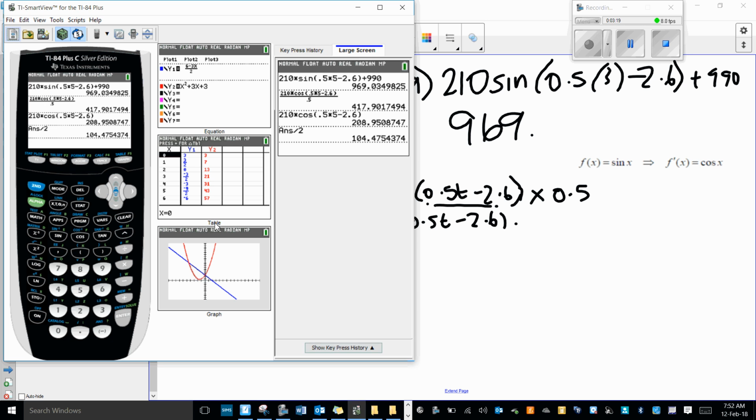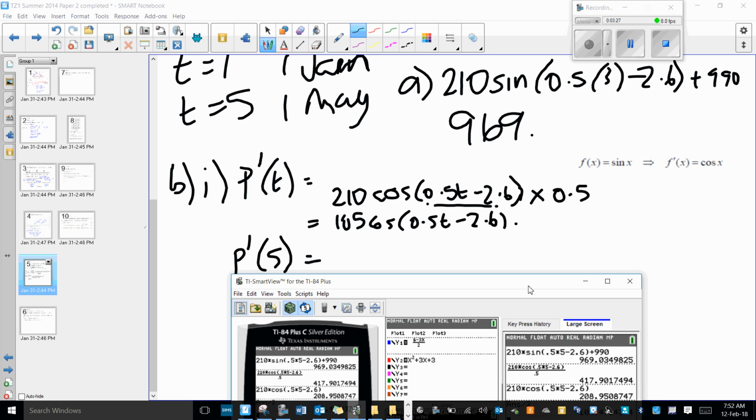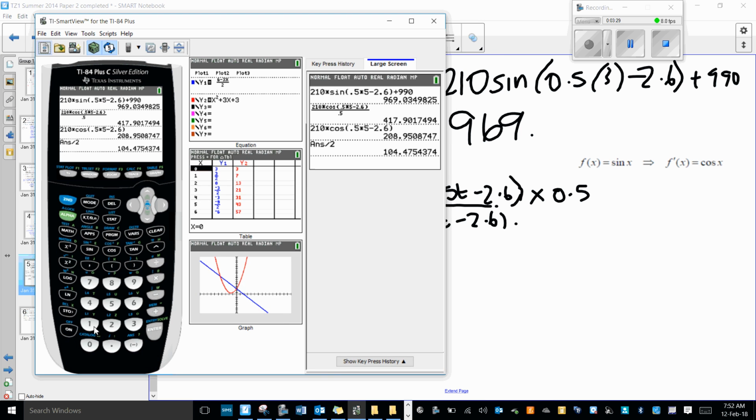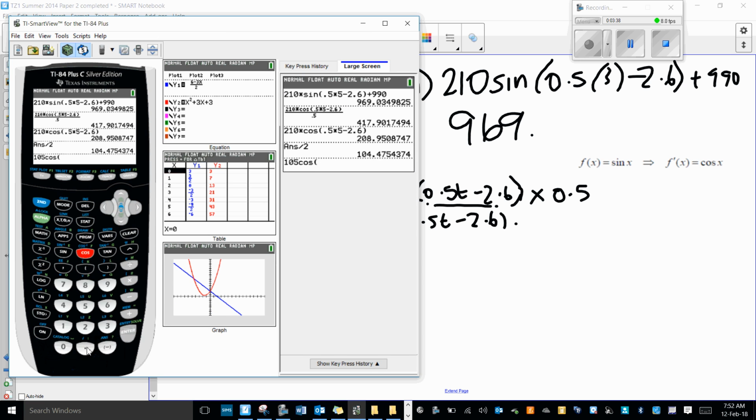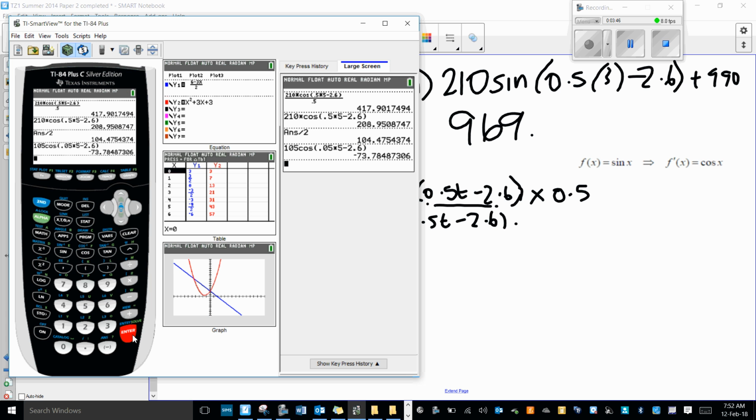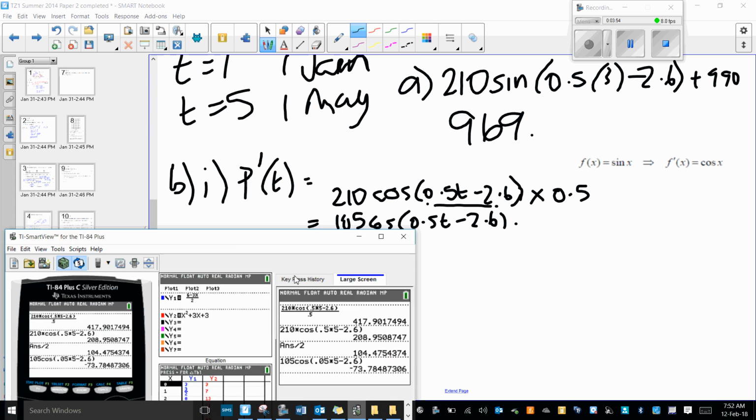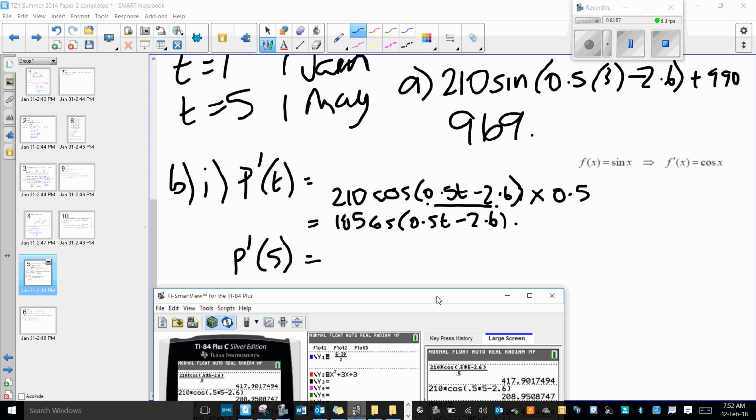So, was it 105? 105. Checking my radians up here. 105 cos of (0.5 times 5 minus 2.6).